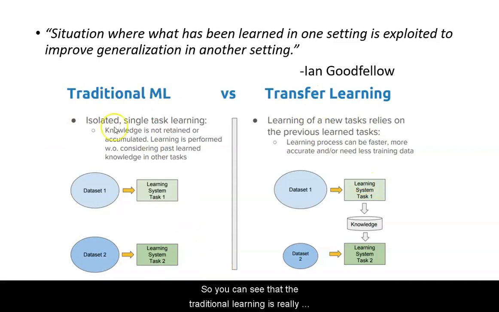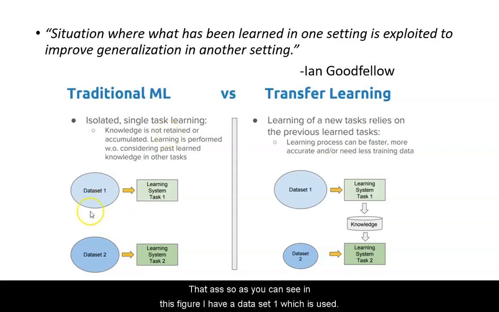So you can see that the traditional learning is very isolated and it occurs purely based on a specific task, a specific data set, and a training which is separately isolating these models. So no knowledge is retained or reused which can be transferred from one model to another.